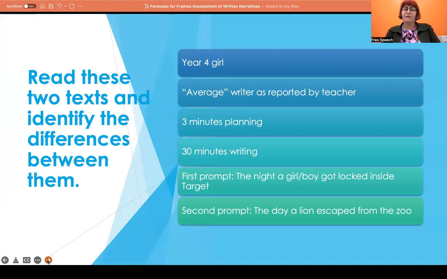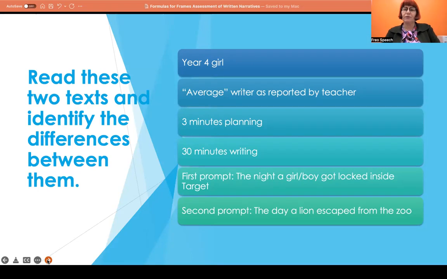So you're going to see two texts in a minute, and they are both from the same subject, year 4 girl, who was reported as being an average writer by her teacher. She and the whole class were given 3 minutes planning and 30 minutes writing.